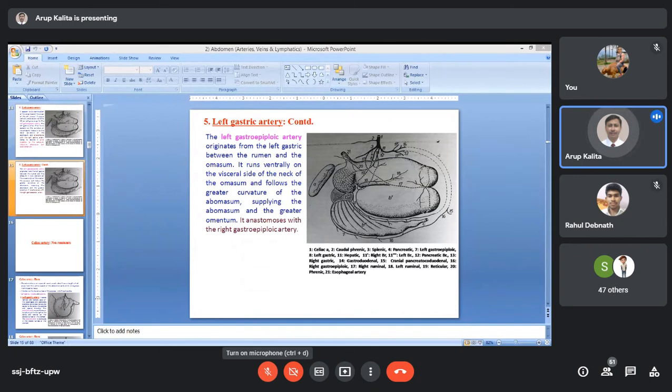And another branch of the hepatic artery, number 14, is the gastroduodenal artery. The gastroduodenal artery will come down and give 2 branches. One is pancreatoduodenal, number 15. Another is the right gastroepiploic artery, number 16. And this right gastroepiploic artery will join with the left gastroepiploic artery, which arises from the left gastric artery.